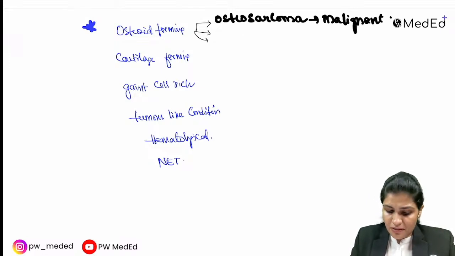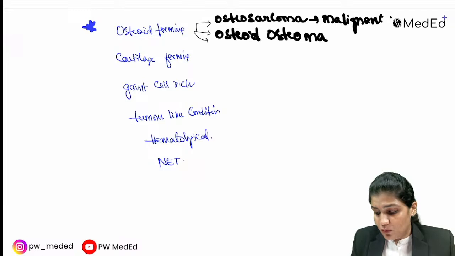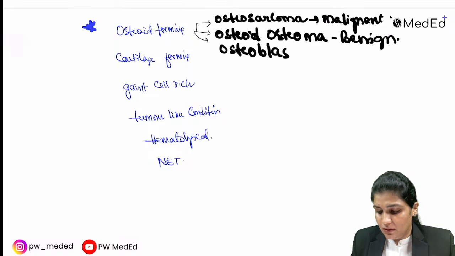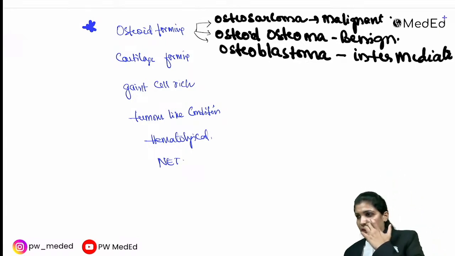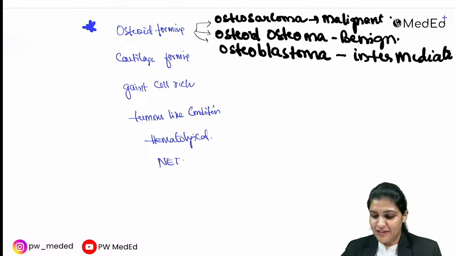Next comes your osteoid osteoma, which is a benign type, and you have one more important thing, the osteoblastoma. When I say blastoma, this is the intermediate type. These intermediate types are supposed to be the notorious ones. So it is simple, right? The answer of the diaphysis in Ewing's is simple.